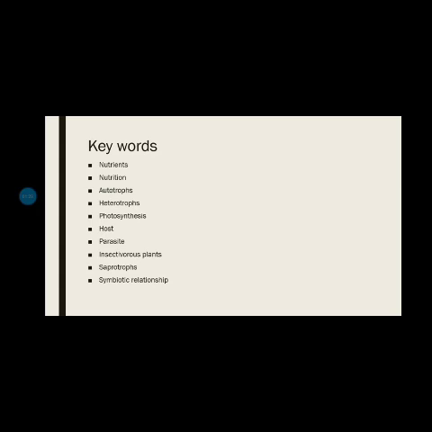Now, many of you are thinking about these terms. I know that these terms are new to you, and we are going to study all these things in this chapter.